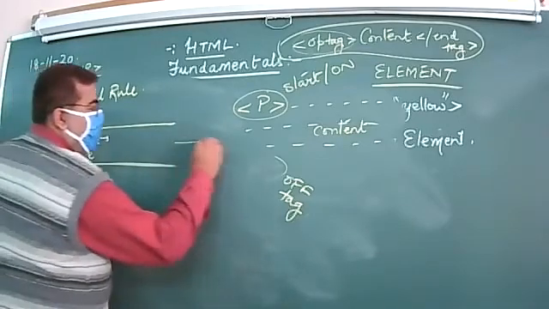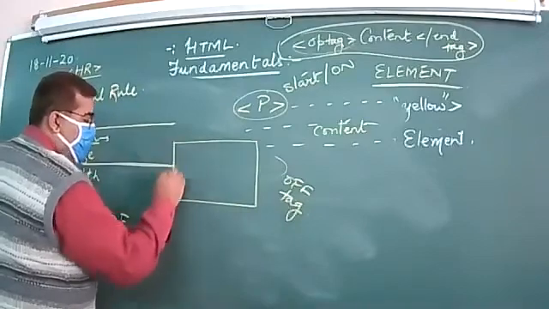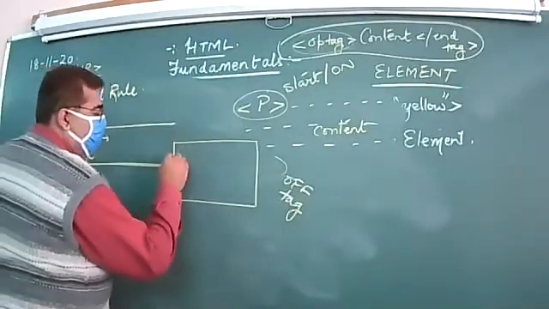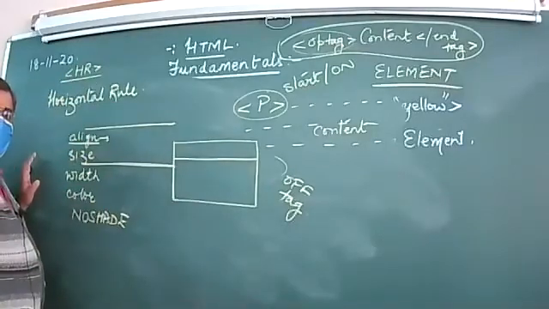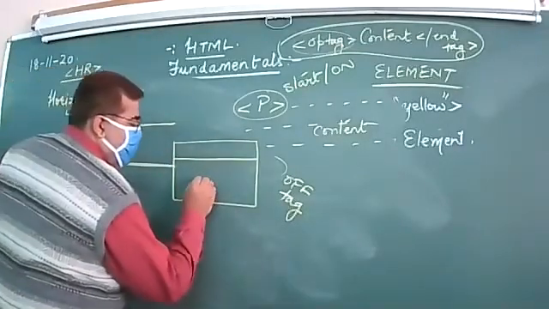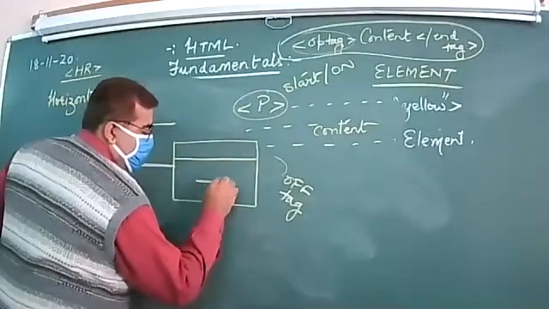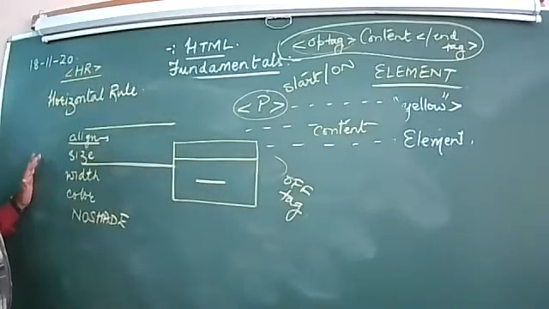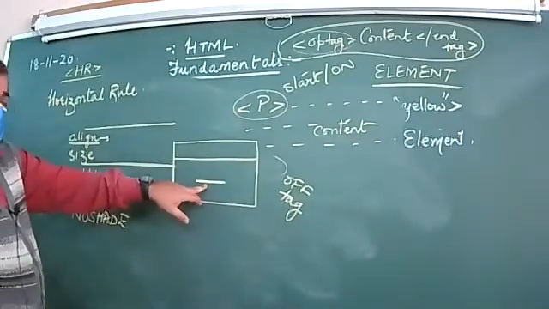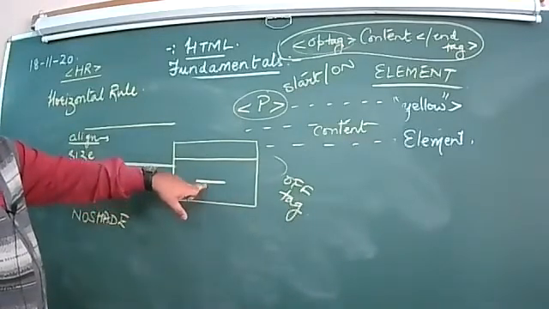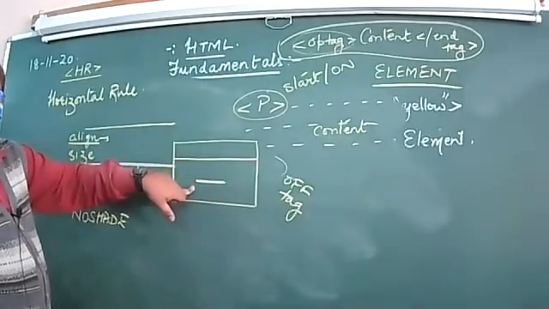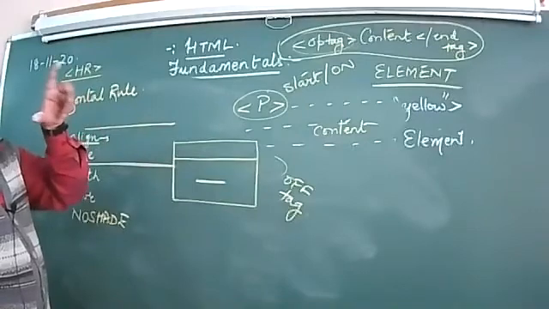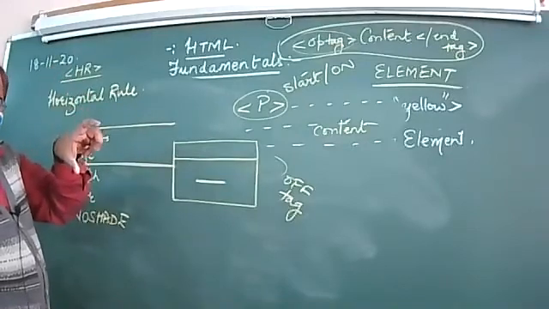Suppose you have a web page in which HR is given. One HR is covering the complete length of the web page, the complete area of the web page. Another one is just covering this much portion. So that time you will take the align attribute, because here the HR is not covering the entire width of the screen. It is covering very little portion of the screen. Clear?